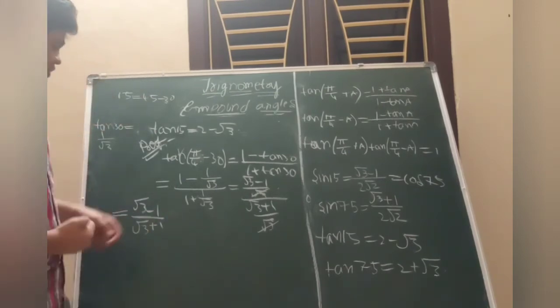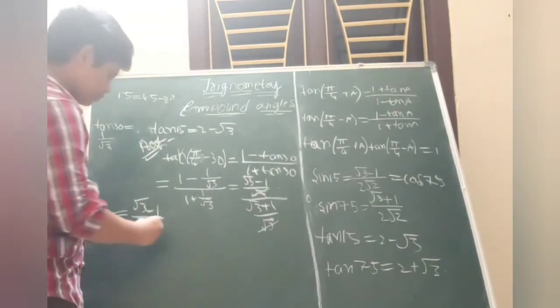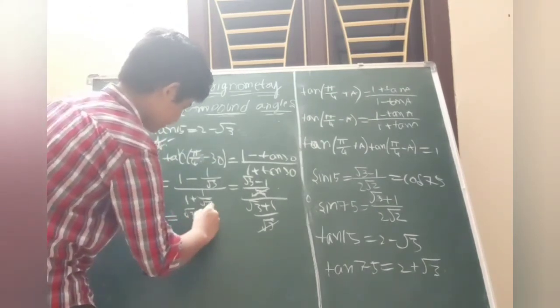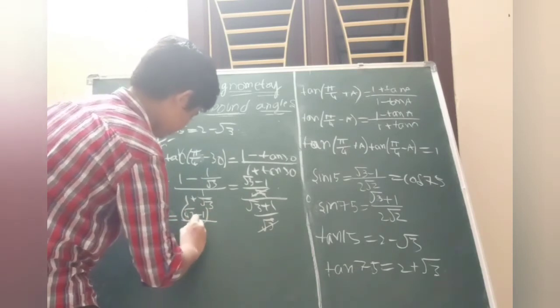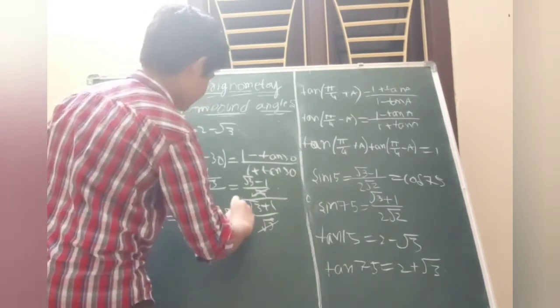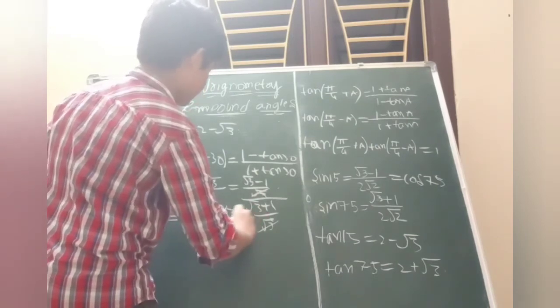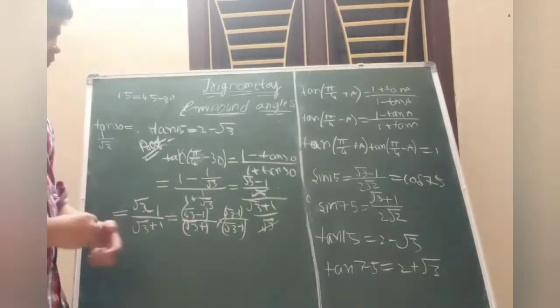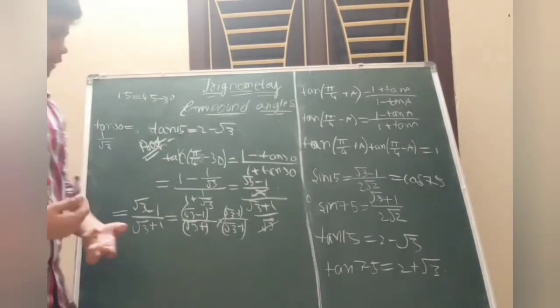Now let us do rationalization. So it becomes root 3 minus 1 by root 3 plus 1 into root 3 minus 1 by root 3 minus 1. If we multiply and divide by root 3 minus 1, the value doesn't change.